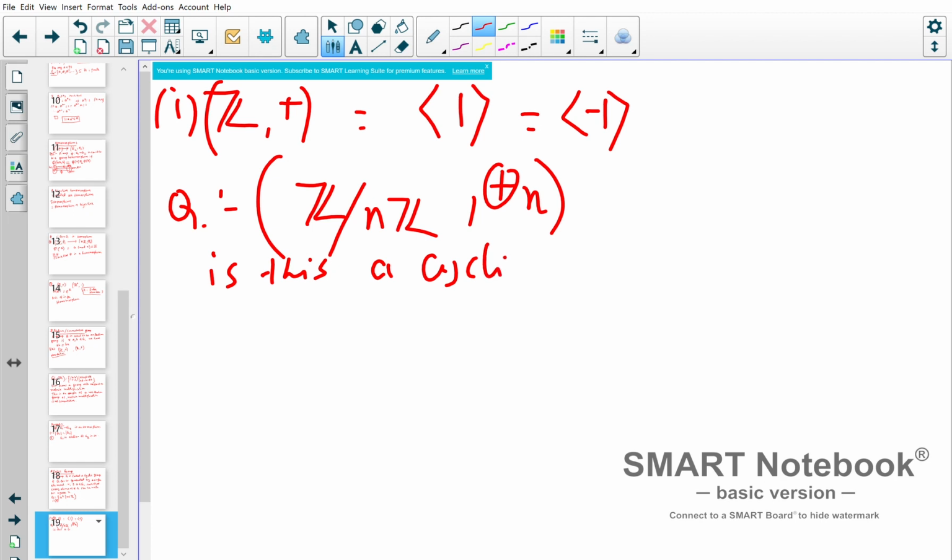You find out first. Then number 2, what are the generators?